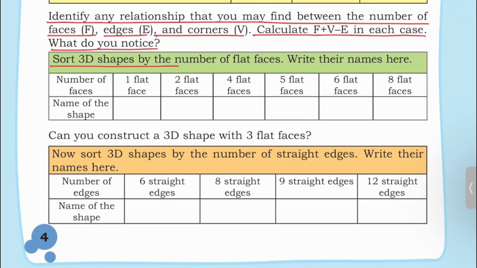Sort 3D shapes by the number of flat faces. Write their names here. Number of faces. Name of the shape. Number of faces: 1 flat face, 2 flat faces, 4 flat faces, 5 flat faces, 6 flat faces, 8 flat faces.